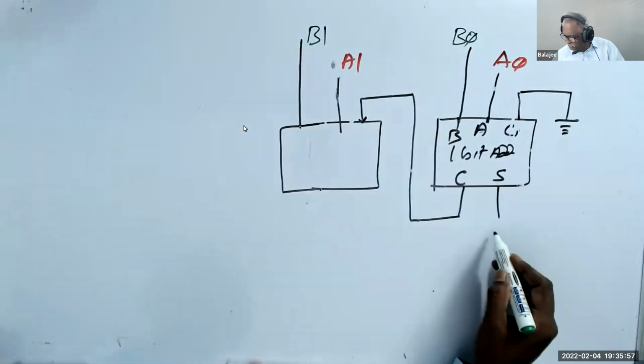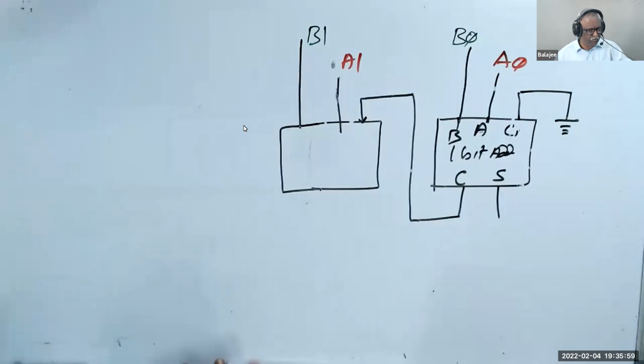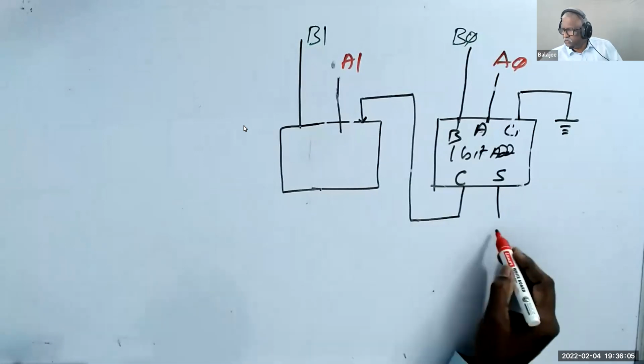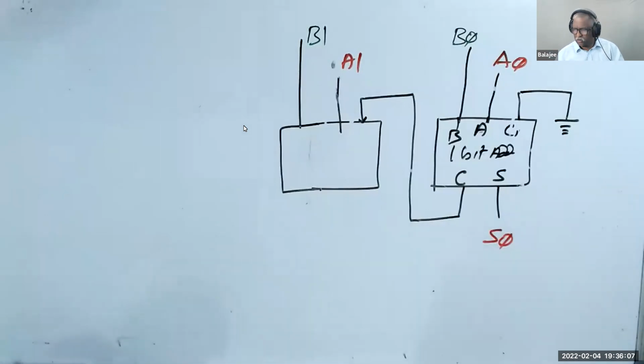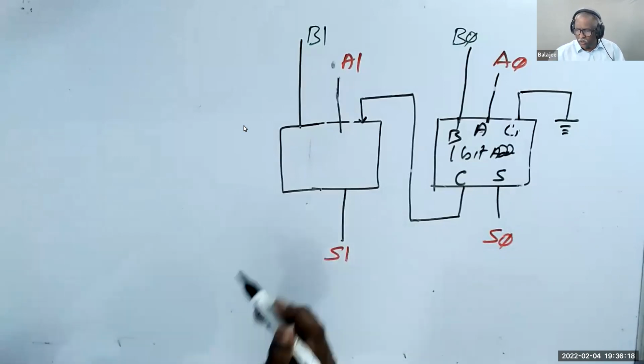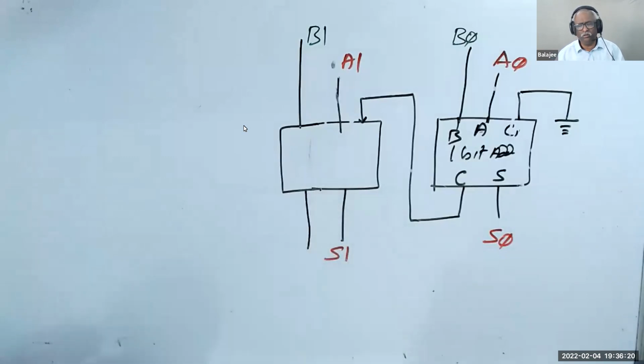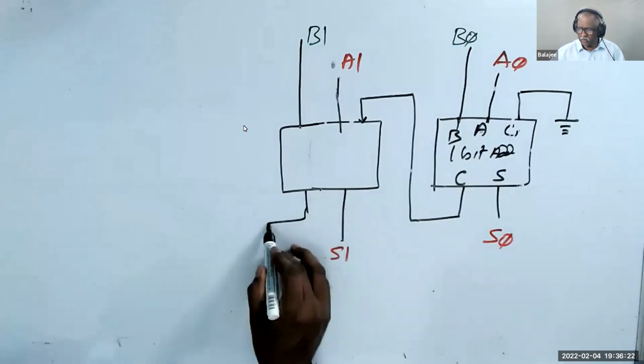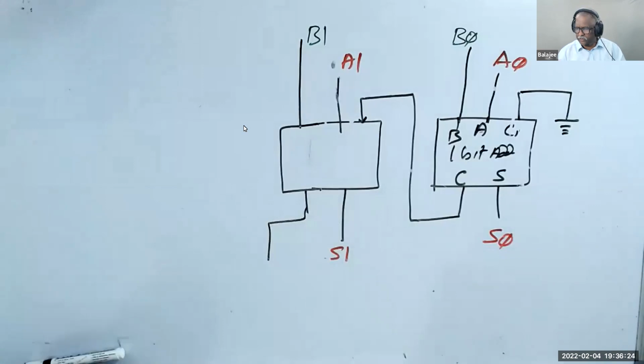And this we call sum 0 and sum 1. And this is carry out. We draw it like this, carry out. Am I right?